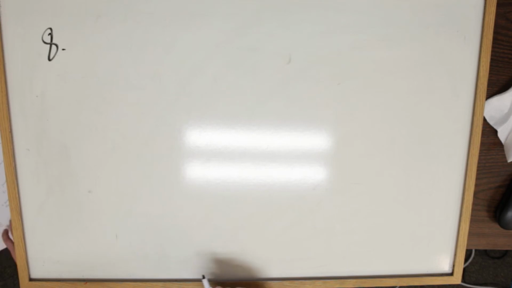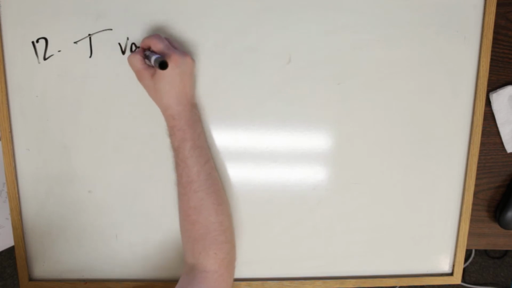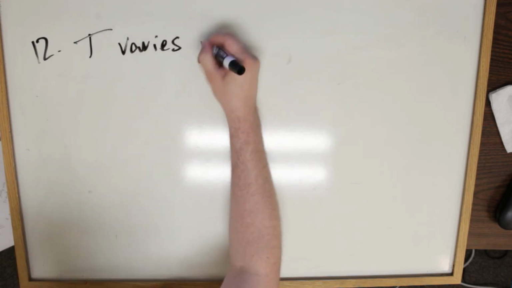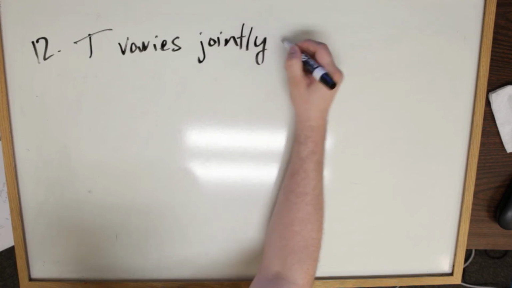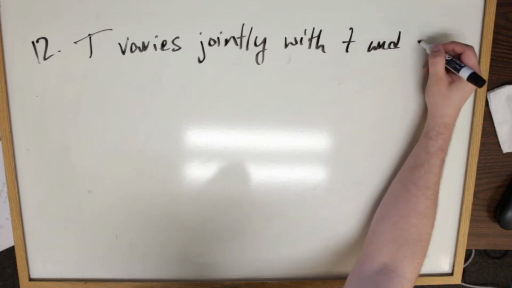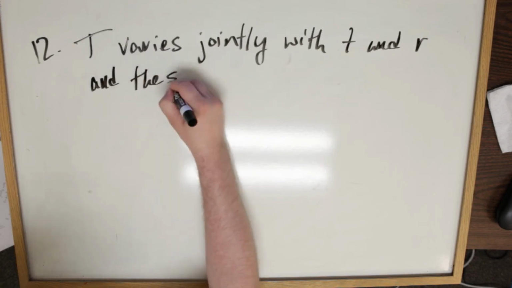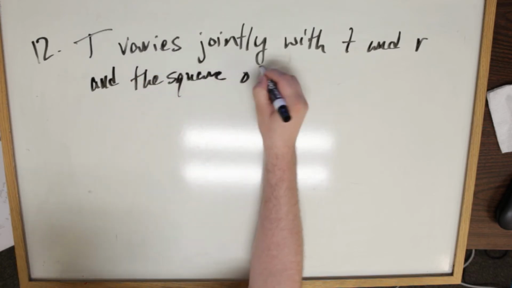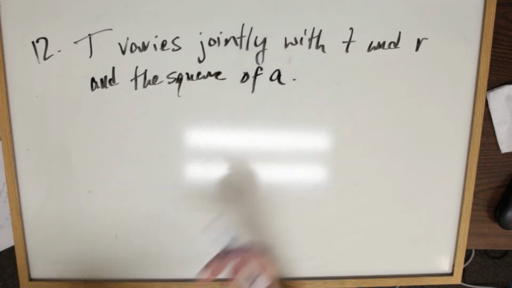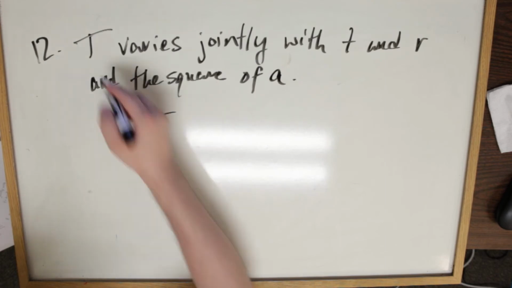Let's do 12. T varies jointly with R and the square of A. So now what we can do is we write our T, that's the very first thing we see.